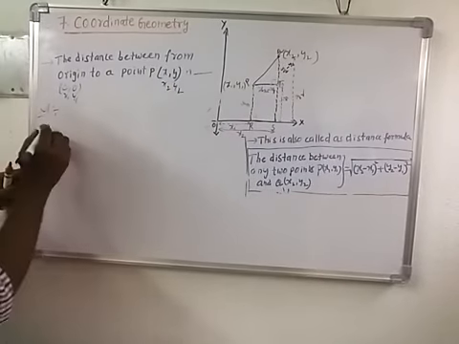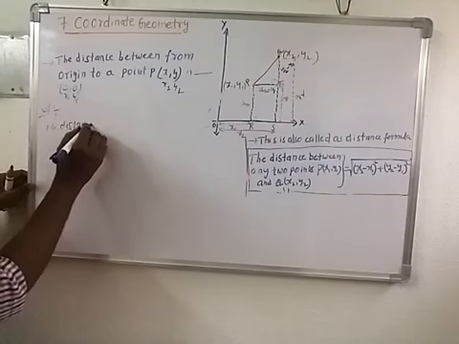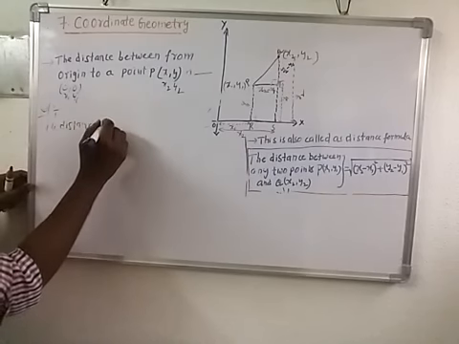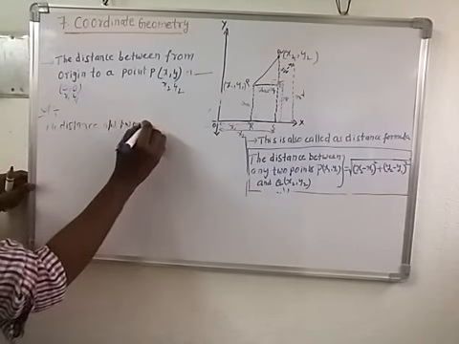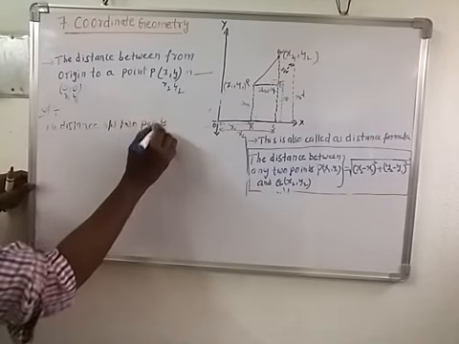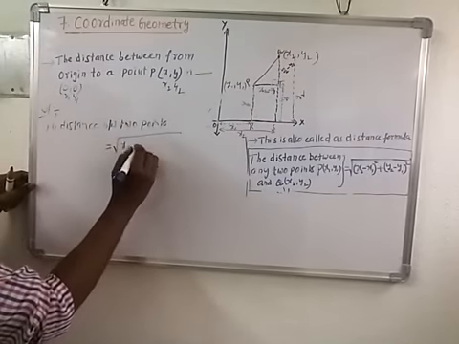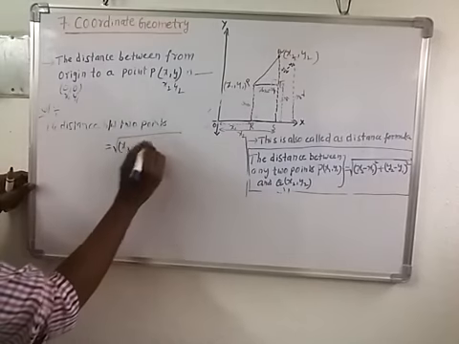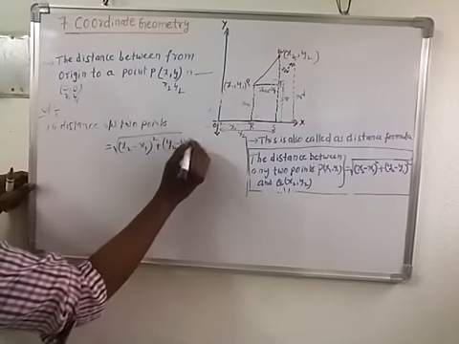We know that the distance between two points is equal to the square root of x2 minus x1 whole square plus y2 minus y1 whole square.